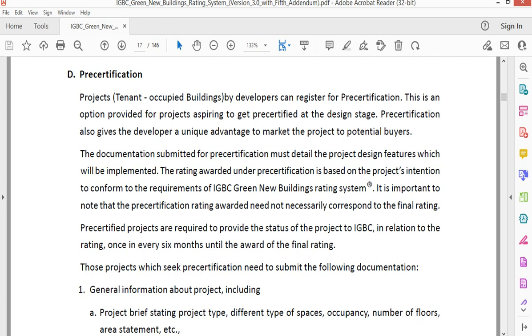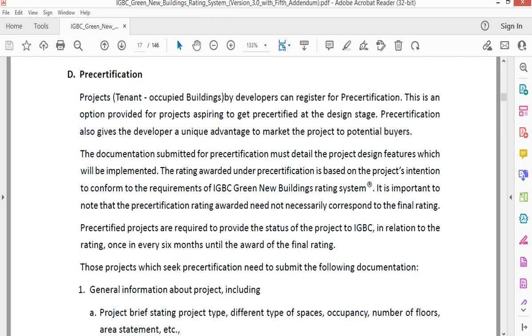The documentation submitted for the pre-certification must include all the design features which would be implemented, and the rating awarded under the pre-certification is based on the project's intention to conform to the requirements of the IGBC Green New Building Rating System. It is also important to note that the pre-certification rating which is awarded does not necessarily correspond to the final rating.